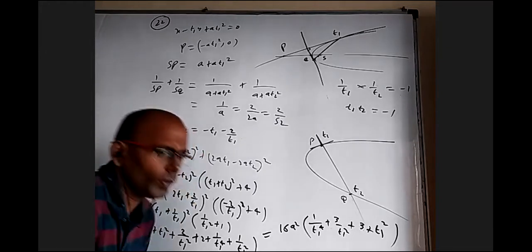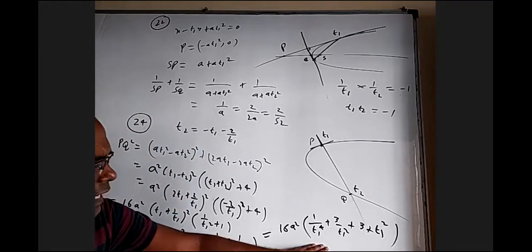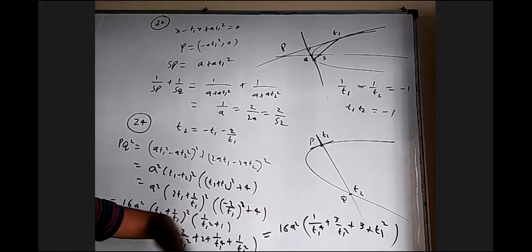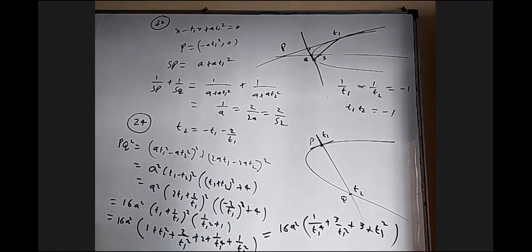So I can use calculus, find the derivative of this and equate it to 0 to get the T1 value, or some kind of perfect square or AM-GM inequality also can give me.